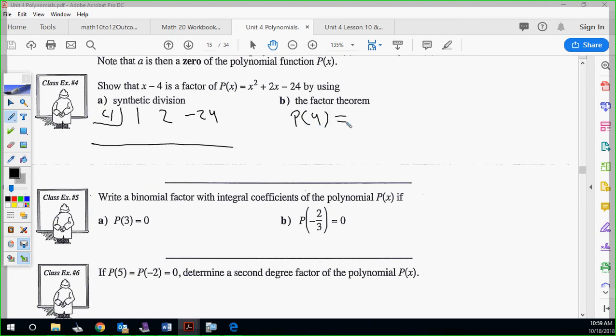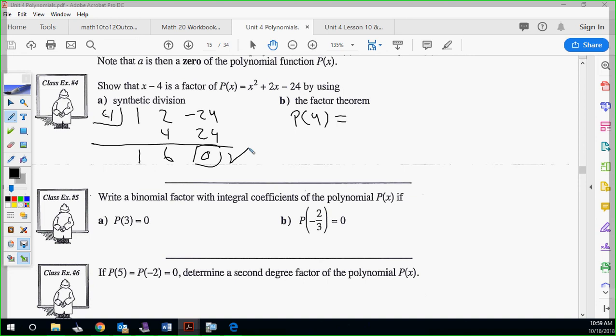Okay, just setting them up. Okay, so synthetic division. Drop the 1. 4. 6. 24. 0. That means it's a factor. There's nothing left over. That means it evenly went in.